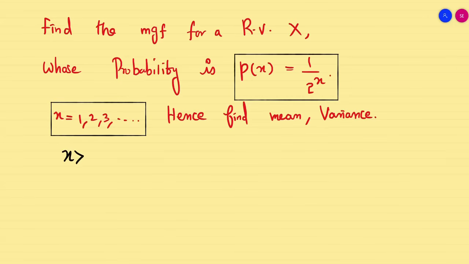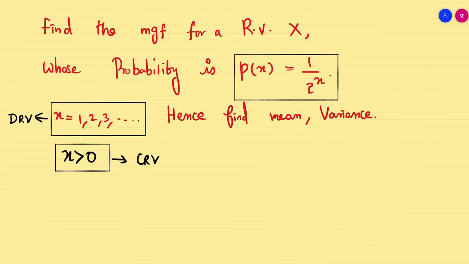If I say x greater than 0, now I cannot say what the next number is because it is uncountably infinite. If this condition is given, the problem is a continuous random variable. Since this condition is given, it is a discrete random variable problem. So that is the observation we have.